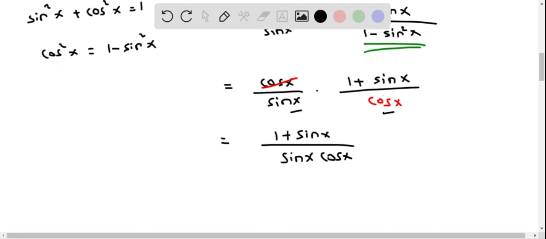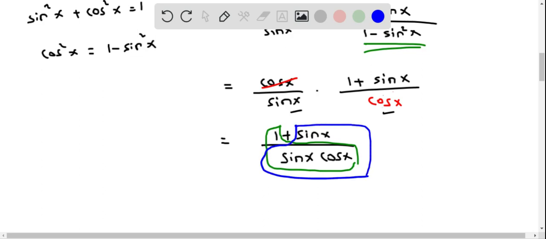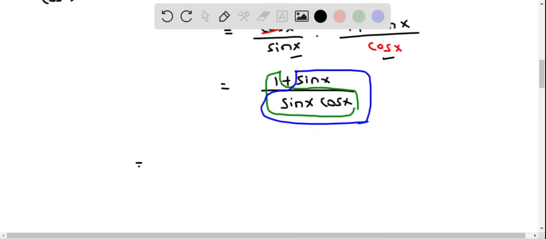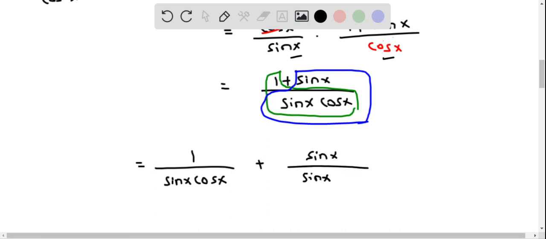Now I'm going to write this as the sum of two fractions. That is, we will have one fraction, and we'll also have another term, sine x divided by this one. And so let's write this. Therefore, this is written as 1 over sine x times cosine x, plus the next term, sine x divided by sine x cosine x.